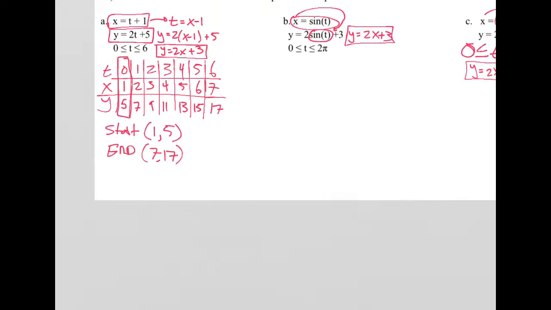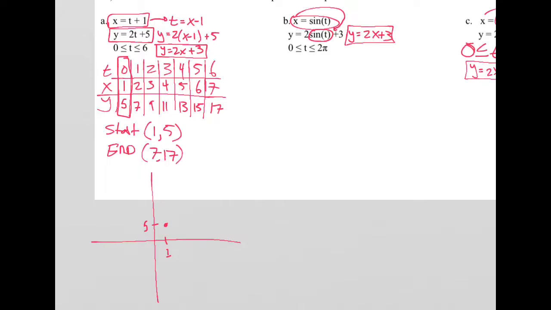So I can sketch a quick graph here. Let's go ahead and graph this equation real quick. Starting point is 1, comma, 5, so x value 1, y value of 5, right there. Let's plot that. And then our ending point, notice it's going up in a linear fashion.